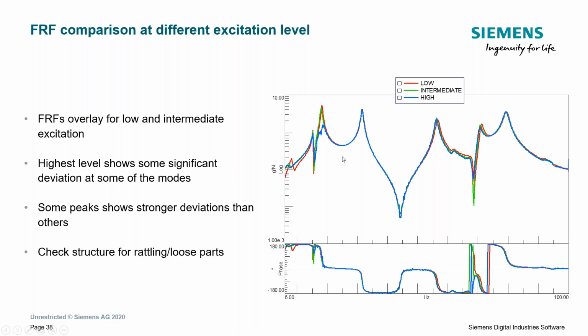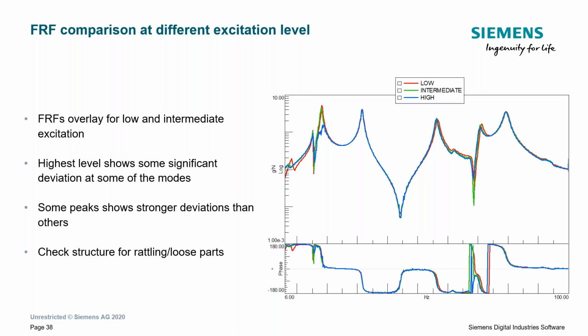So say, for example, in this particular graph, when I hit it with a high amount of force, I might be hitting a rattle or exposing a bolt that's not tightened all the way or something like that. And that might change my structure a little bit. So that might lead me to check for some rattling or loose parts based on knowing that I should have a linear system here with what I'm testing.